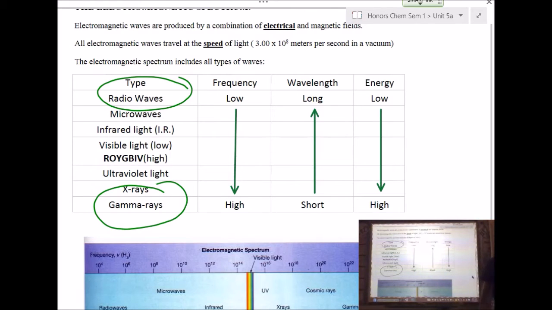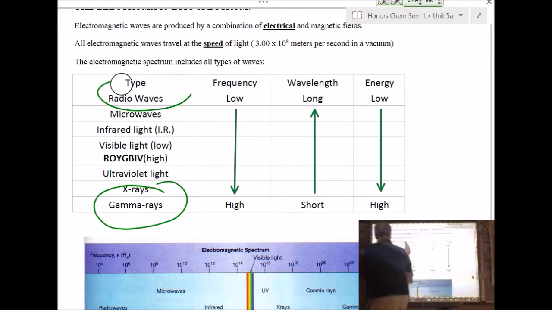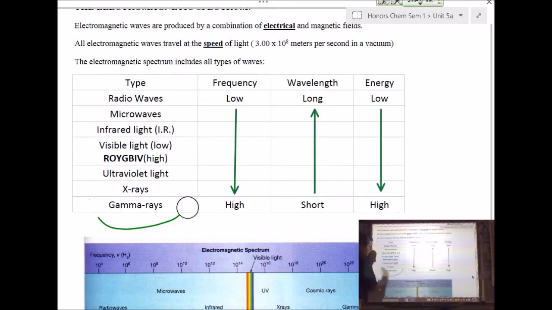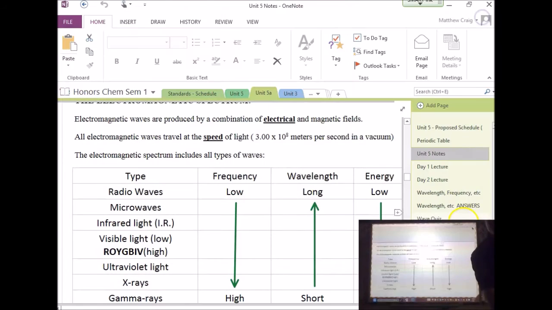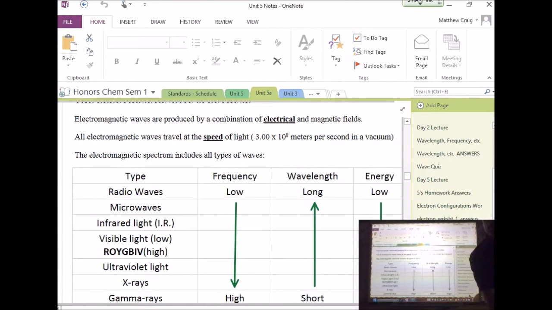That table has lots of good questions in it. It's easy to answer in front of you, but I might ask, who has higher frequency, infrared or ultraviolet? Make sure that you can answer that without the table in front of you.